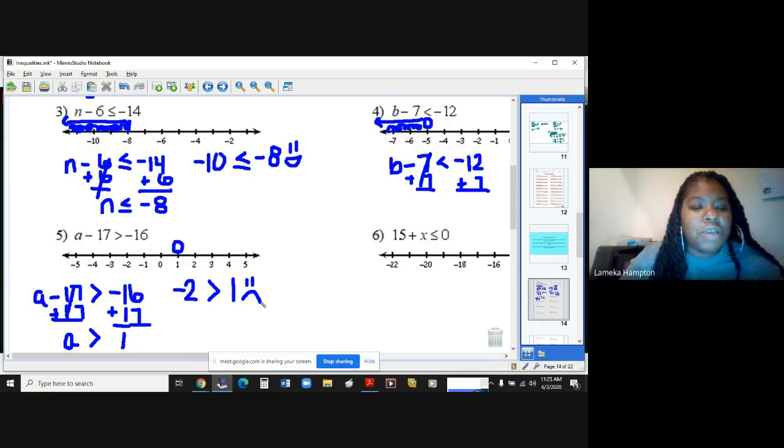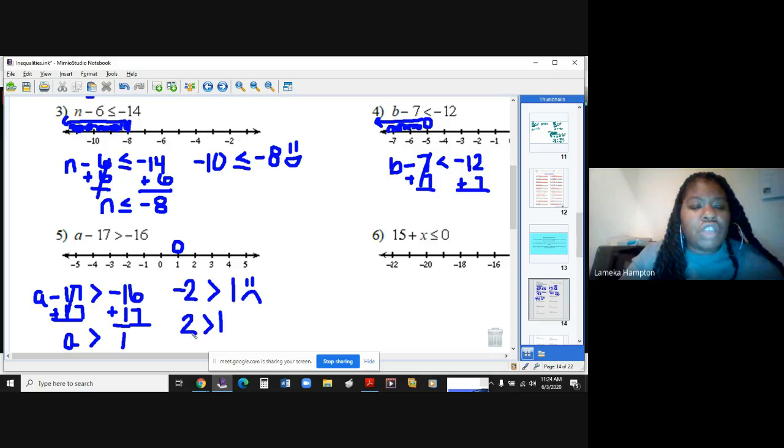Now I am going to pick the number 2. And remember, when I'm picking numbers off the number line, that's going to determine if my line goes to the left of my answer or to the right of my answer. So this is just another way of checking to make sure that the direction of the line is going the right way.